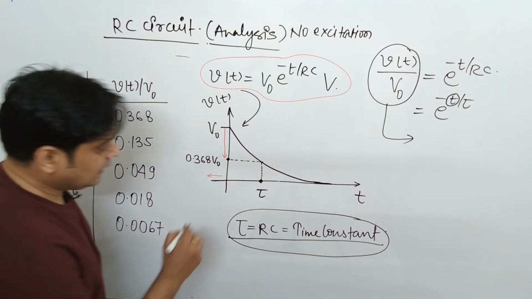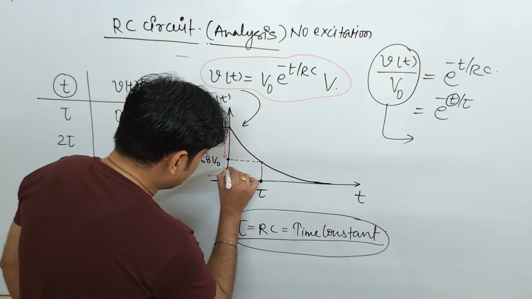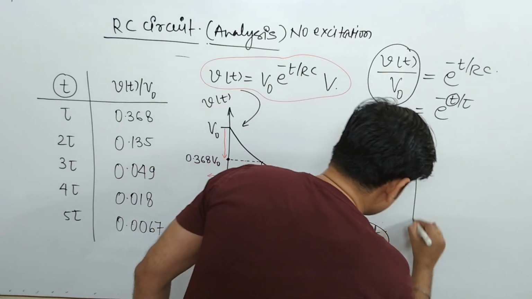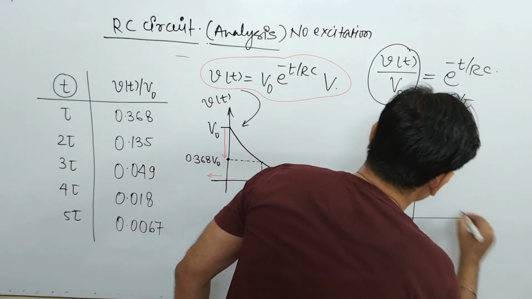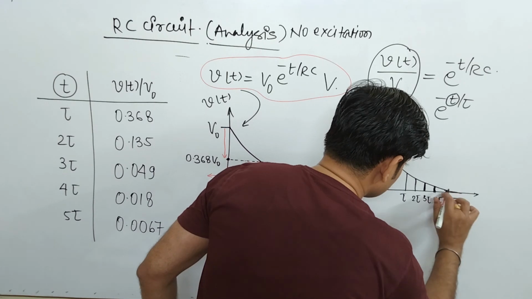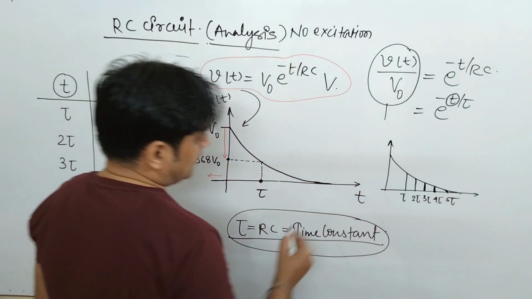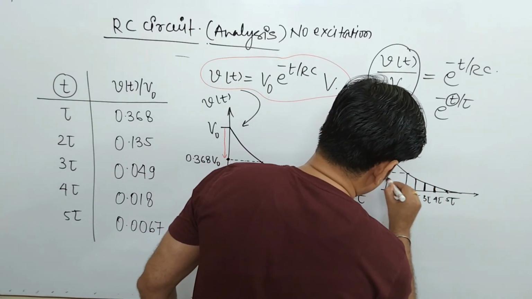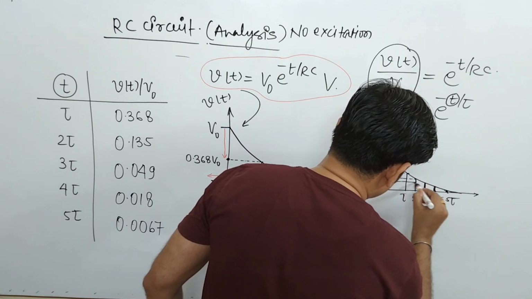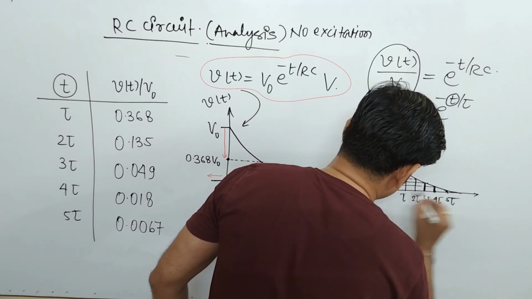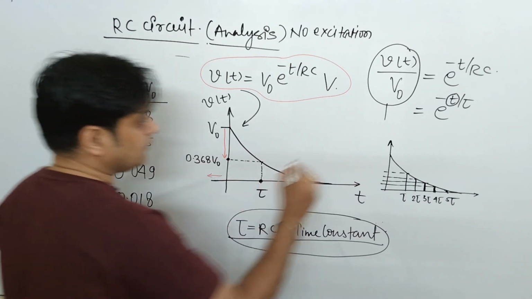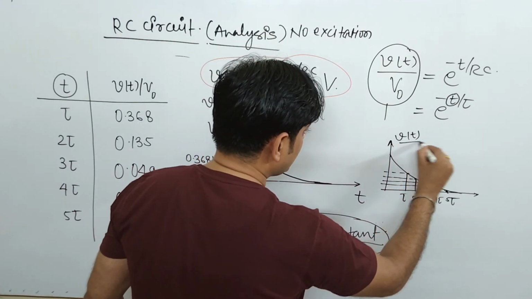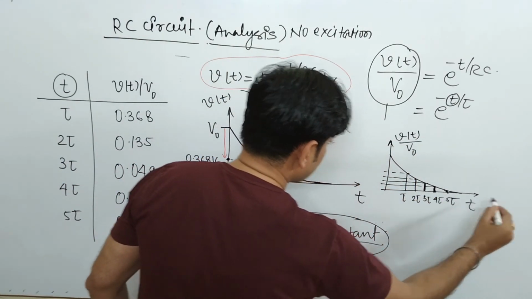It means, if you try to understand, I am redrawing this graph. From here, say it is Vt by V naught, and this is your time axis.